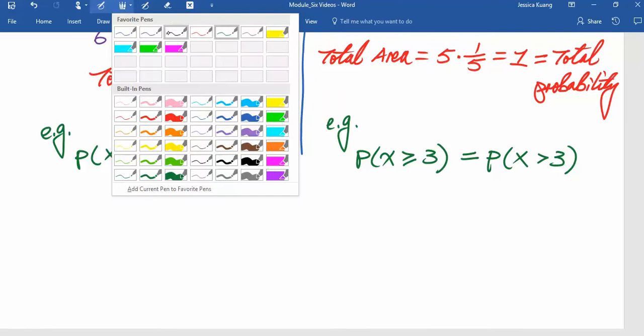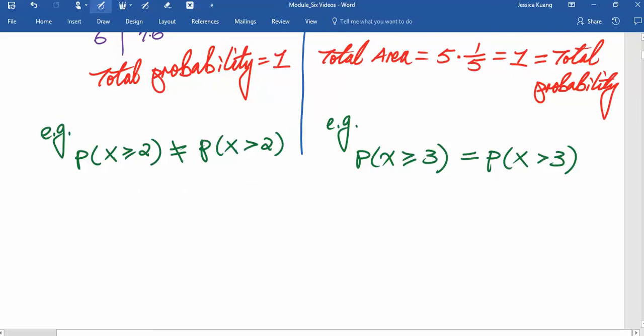A distribution we use far more often than uniform distribution is what we call the normal distribution. And the probability density curve has this bell shape. And notice that for normal probability distribution, this curve is symmetrical with respect to the mean.